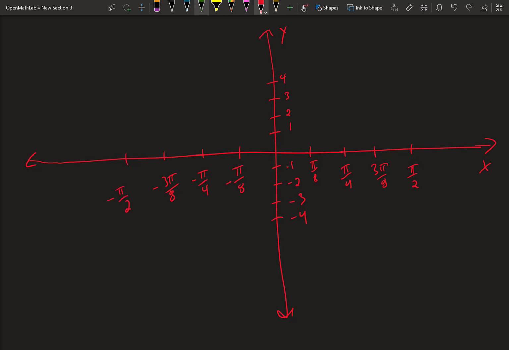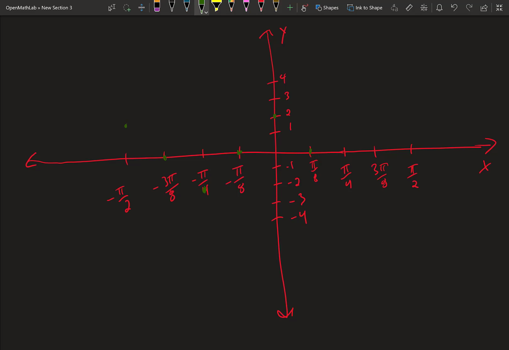Right, and then I'll switch to green here to graph y equals 2 cosine of 4x, so we can plot some points. At negative pi over 2, we were at 2. At negative 3 pi over 8, we were at 0. Negative pi over 4, we were at negative 2. Negative pi over 8, we're at 0. At 0, I'm at 2.